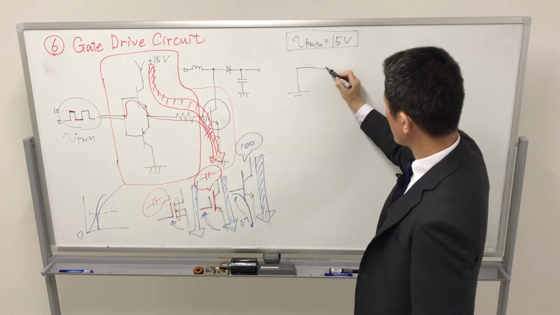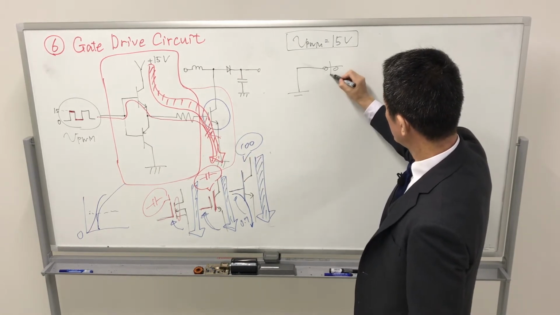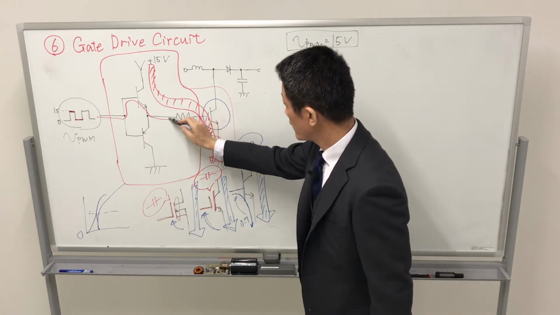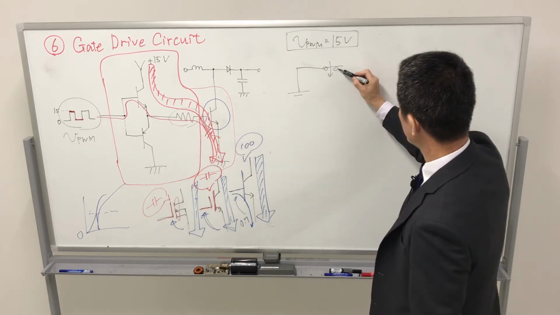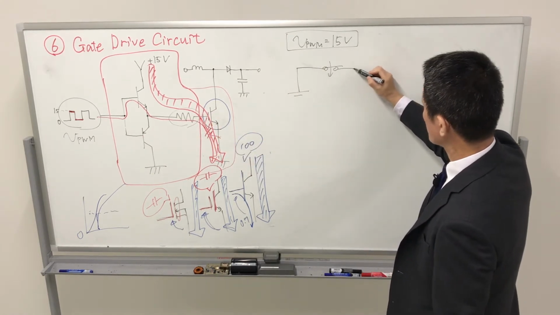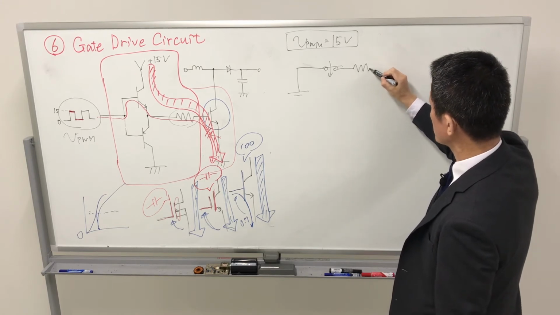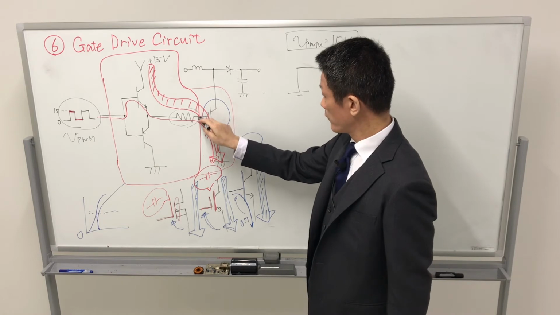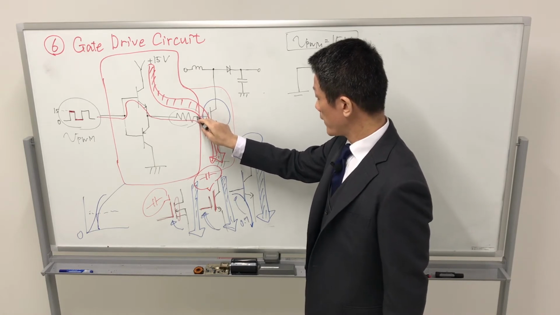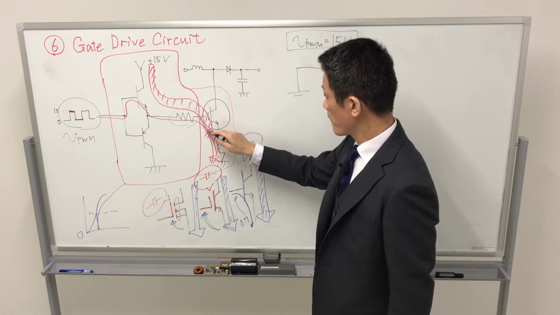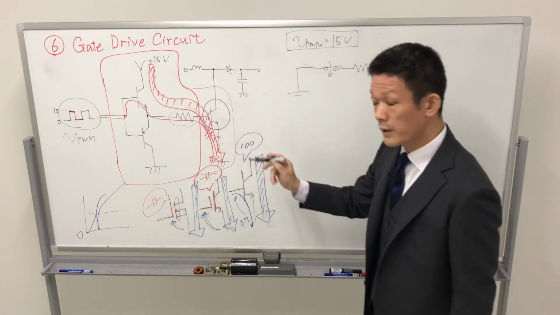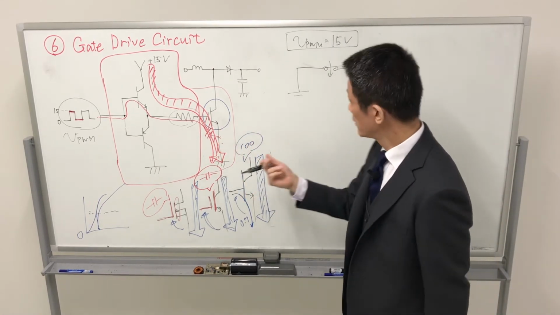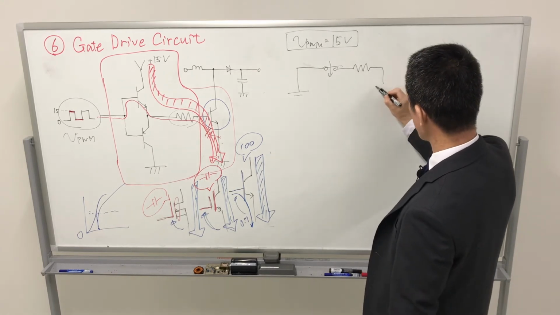So the switch is turned on, and this power line is connected to the resistance. Looking at the power gate and source, the equivalent component between them is a capacitor.